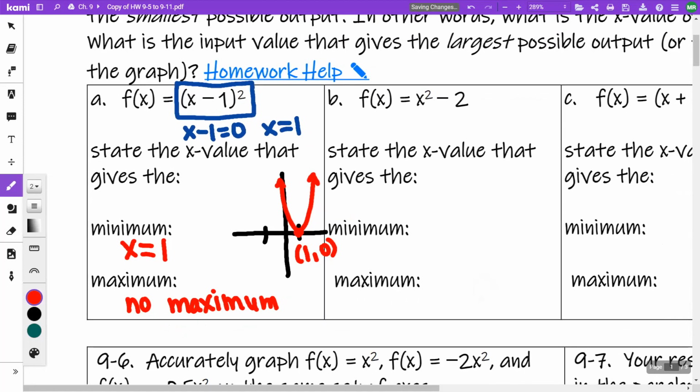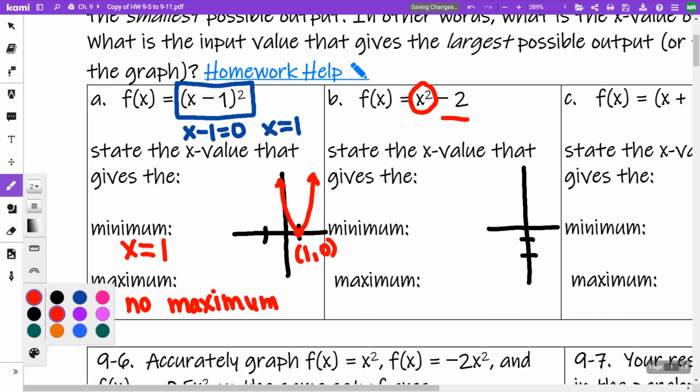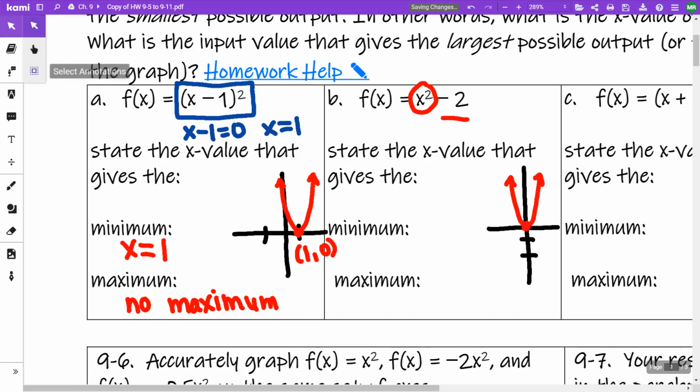For the next one, when we have our x squared with a minus 2 after it, that minus 2 is going to drop my graph down too. So if I'm sketching this, my parabola that was at 0, 0 and opened up is now being moved down 2.